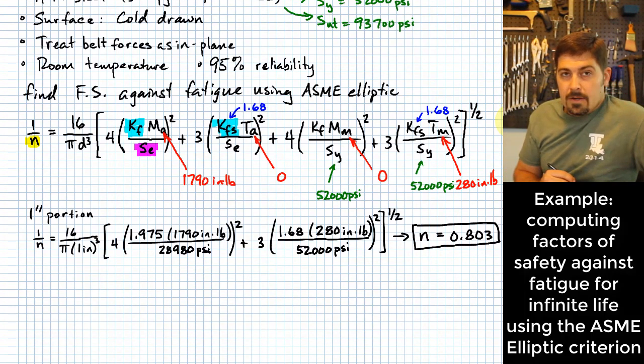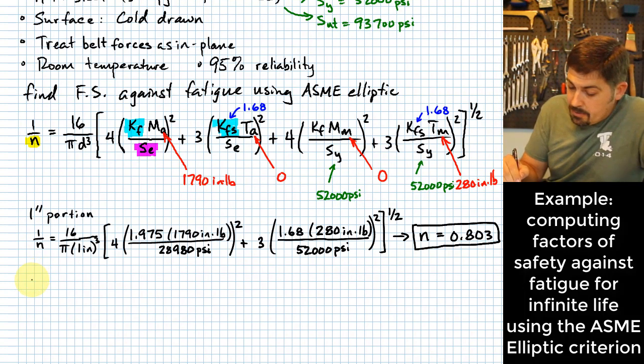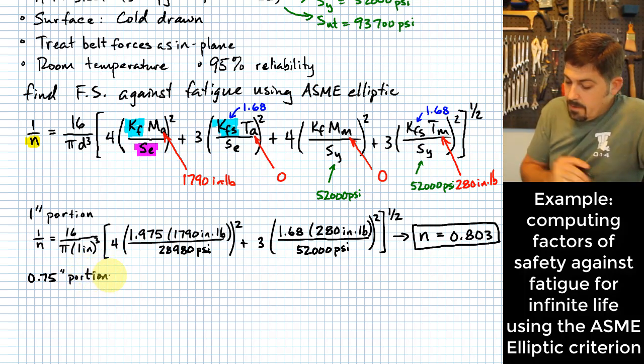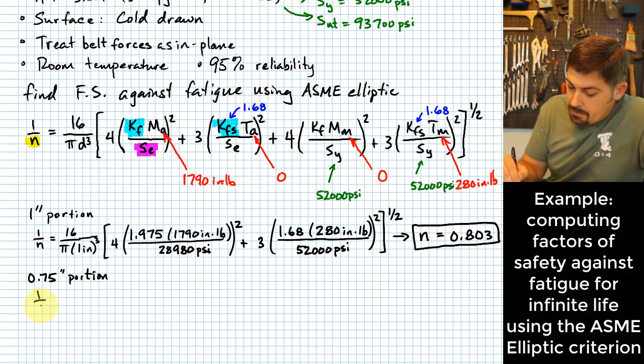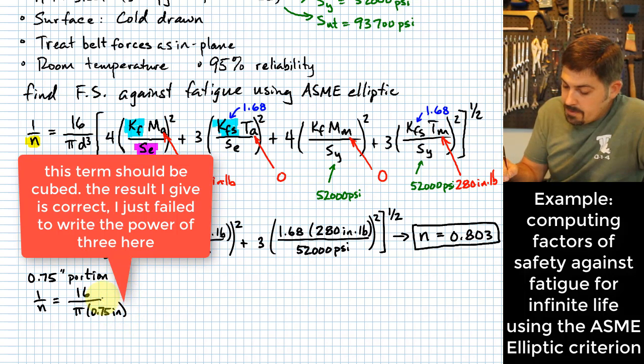But remember, we had 2 potential critical locations. There's another potential critical location on the other side, in that 0.75 inch diameter section that's over to the right side of that shaft component. The process is really the same there. 1 over n is going to be equal to 16 over pi times, now we have to put in the diameter that's correct for that side, 0.75 inches.